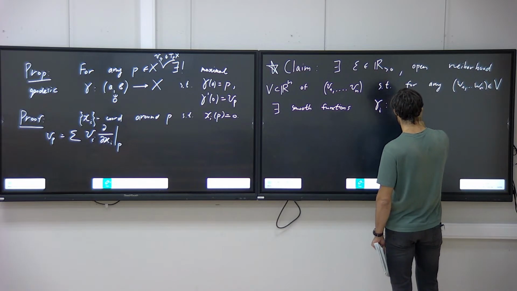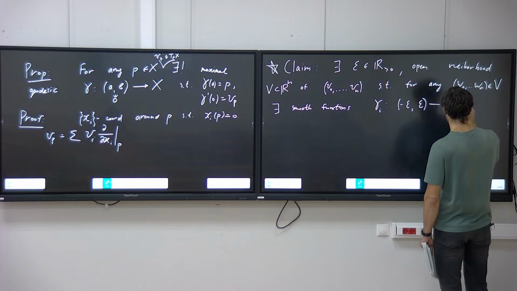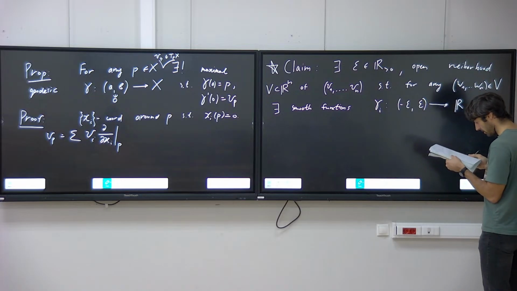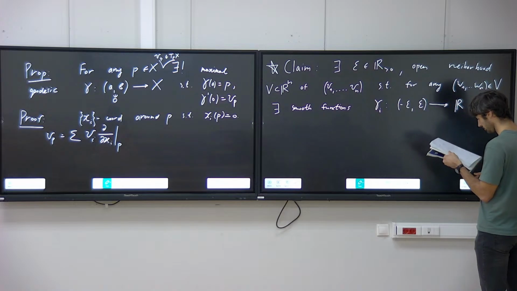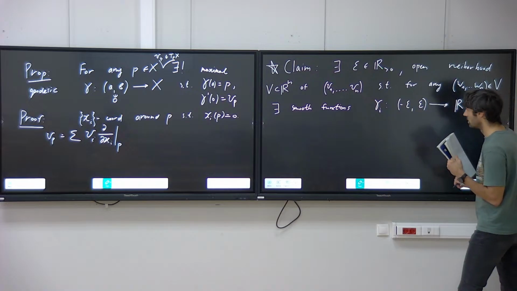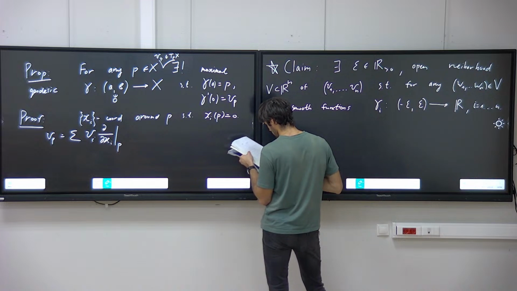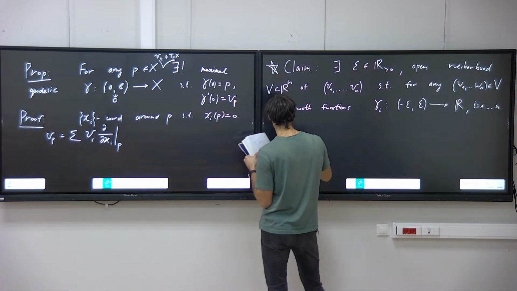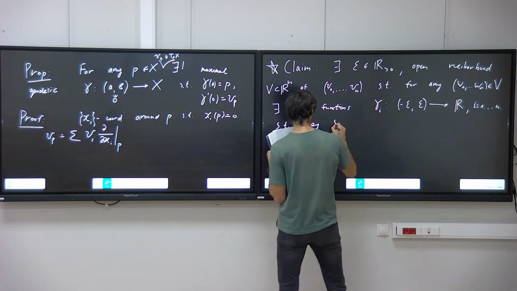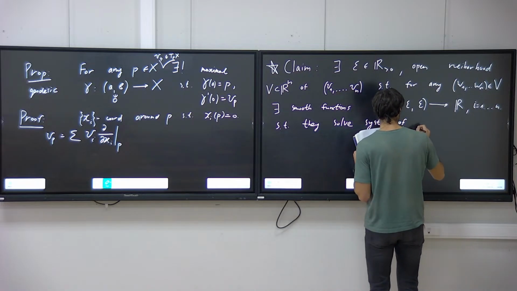So these will be from this interval to R, and here I have n of them, so i from 1 to n. Such that they solve a system of differential equations.